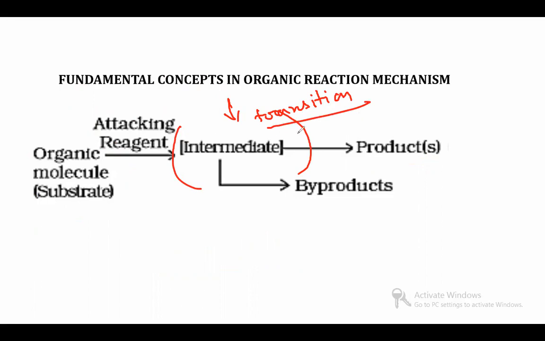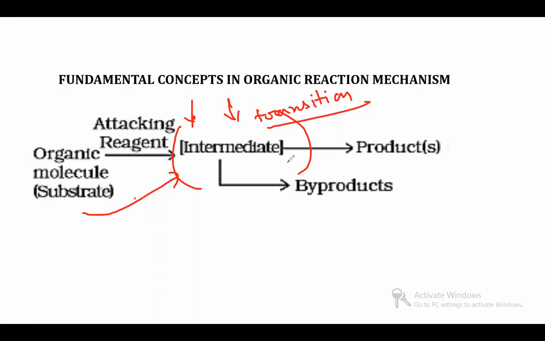In the intermediate state or transition state, half of the reactant is converted to product and half of the reactant is left behind as it is. Or the attacking reagent attacks, and the formation of the product takes place in between, that is, the intermediate.